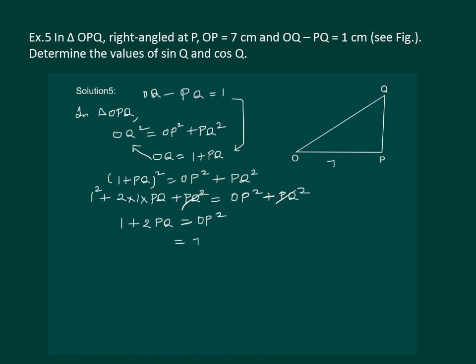We have OP equal to 7 and 1 plus 2PQ equal to 49.